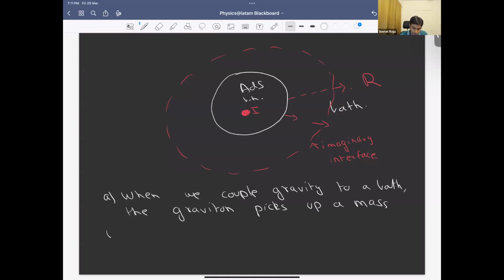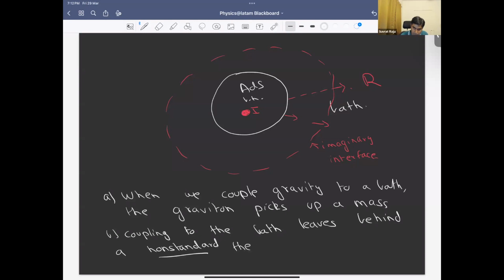So coupling to the bath leaves behind a non-standard theory of gravity in the AdS region.